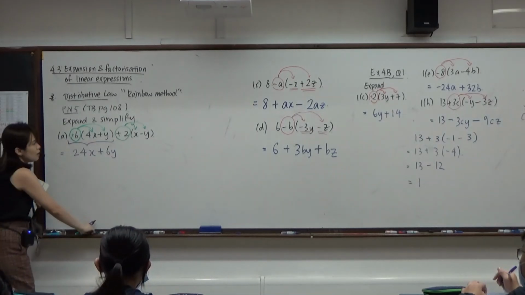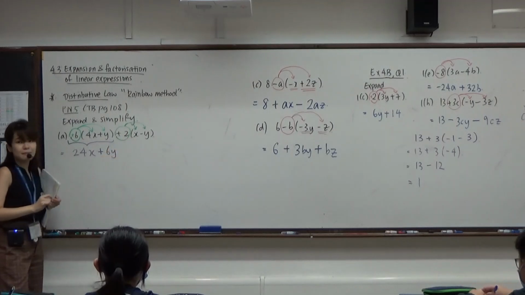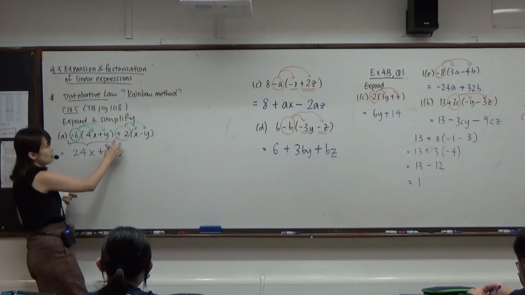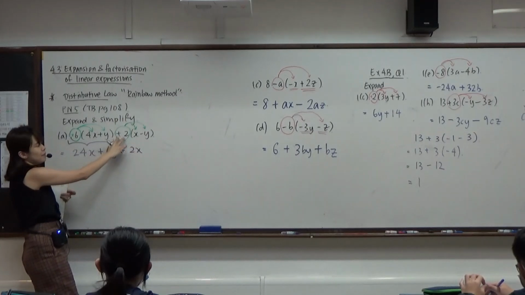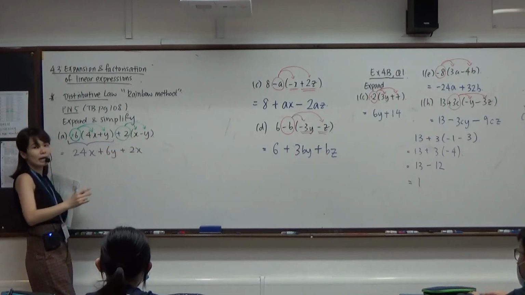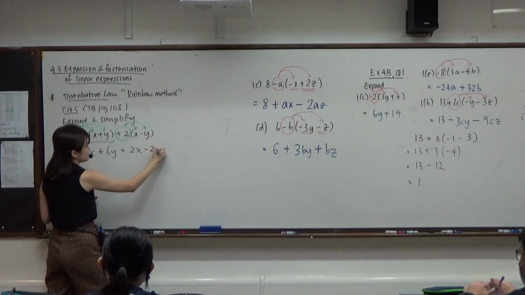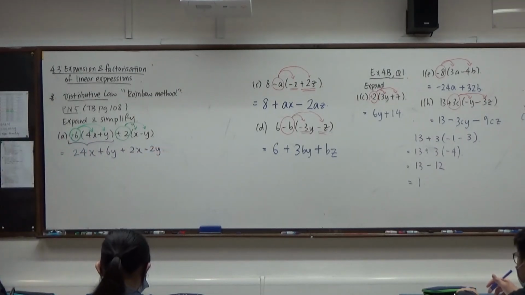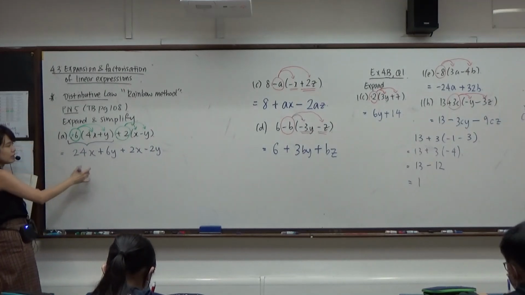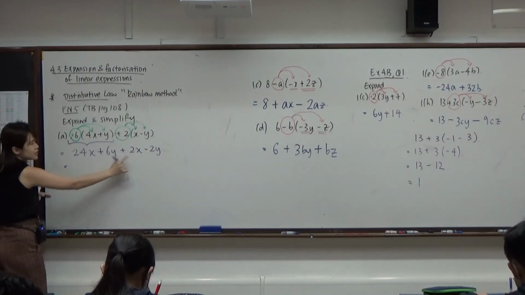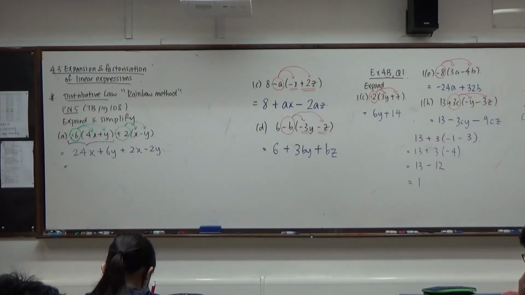My positive 2 multiply with my x, I will be getting a plus 2x. And my positive 2 with my minus y, I will get a minus 2y. So at this stage, I have already completed my expansion.